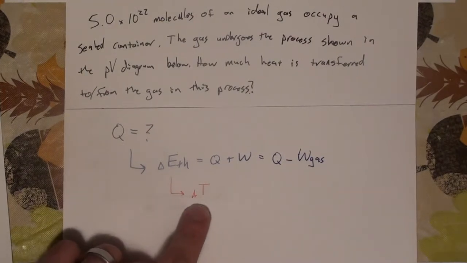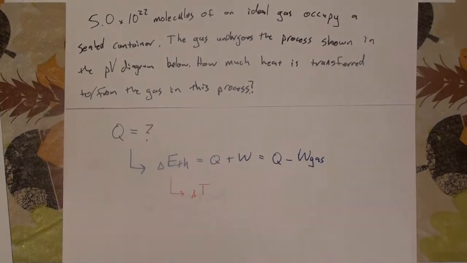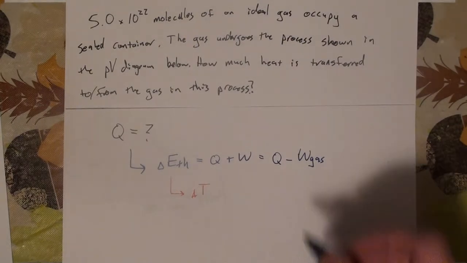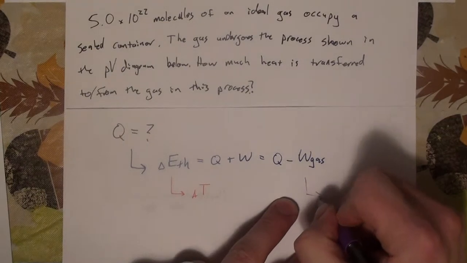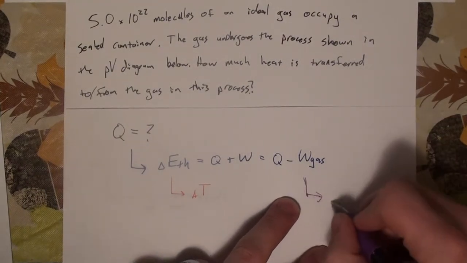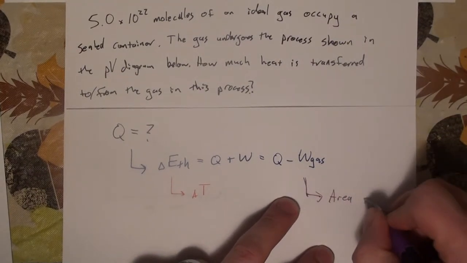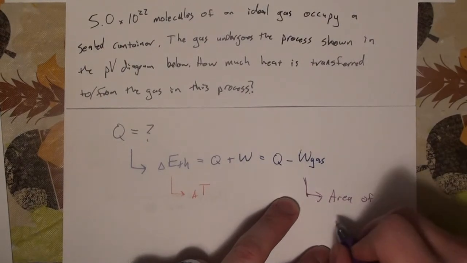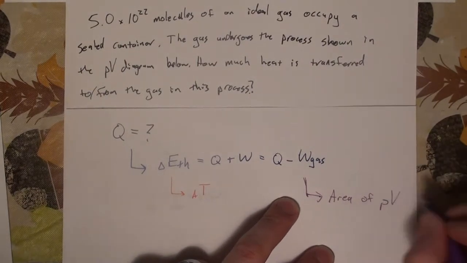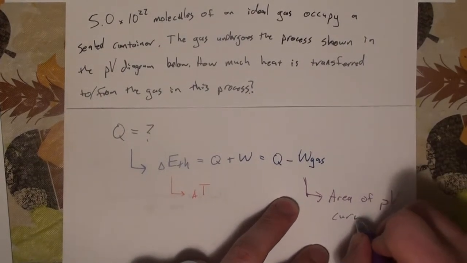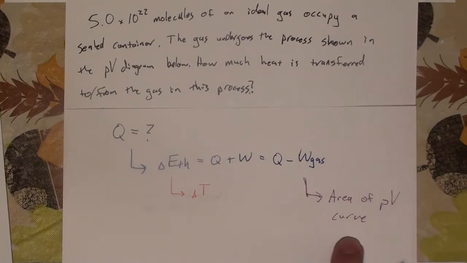So we need to find delta T to find this term. And to find the work done by the gas, it's actually pretty simple. If we have a PV diagram, it's simply the area under the PV curve.